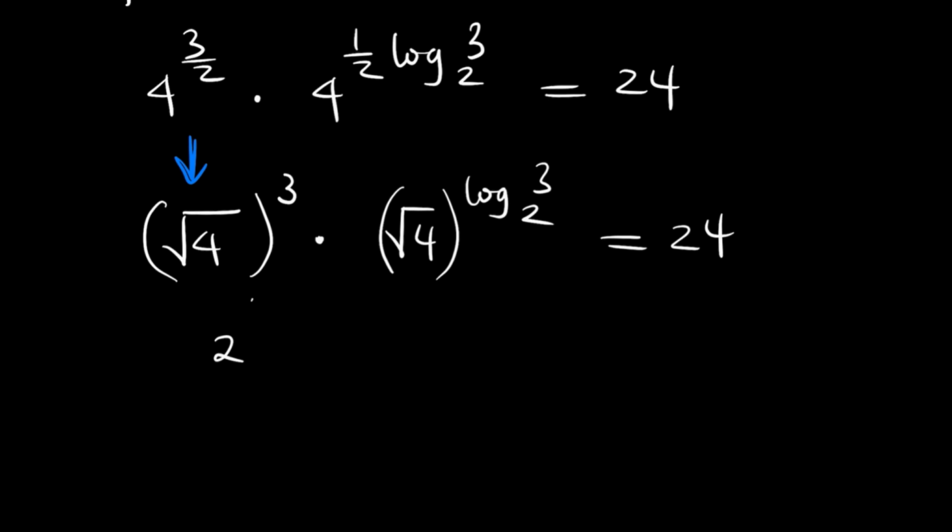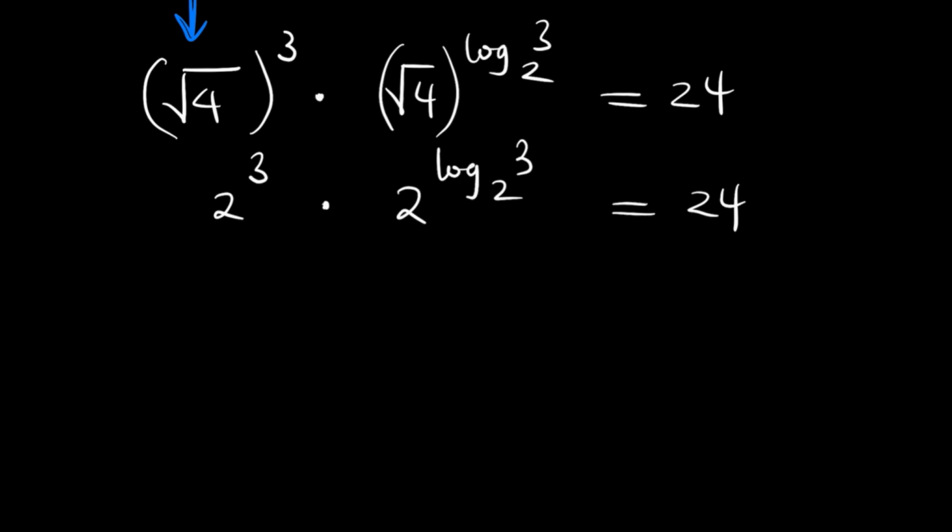Here we have 2 raised to power 3, then times 2 raised to power log 3 base 2 is equal to 24. 2 raised to power 3 is 8 times the fact that the base of this expression here is the same as the base of this logarithm in this power, then the solution to this expression is simply 3. So it means that 2 raised to power log 3 base 2 is simply 3.